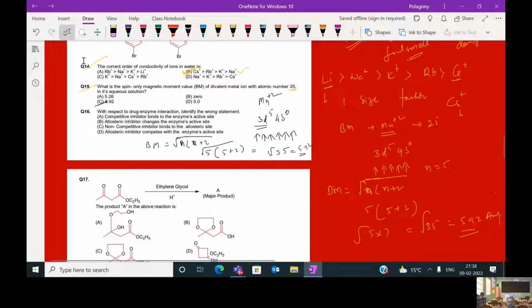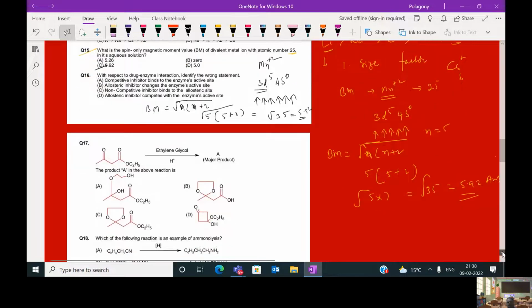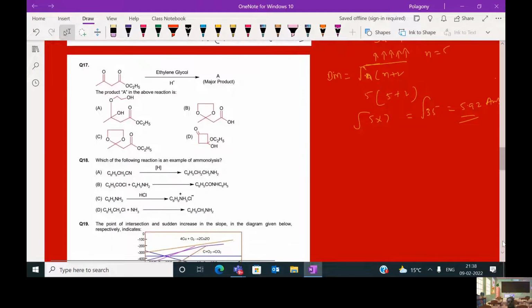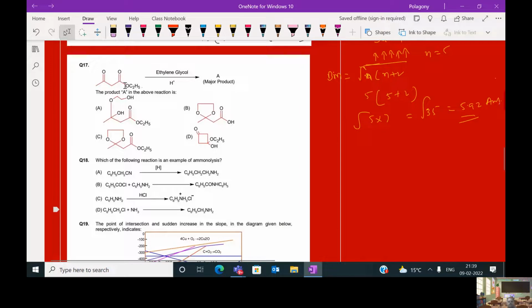Now let us move to the 17th question. Here two functional groups are present. One is ester and the other one is ketone.